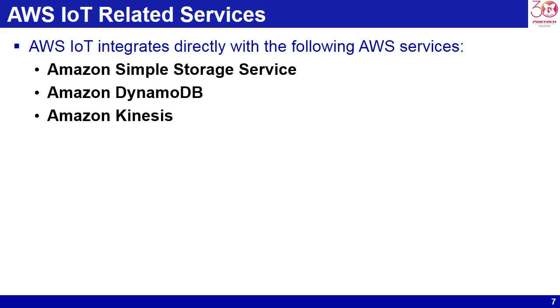Amazon Kinesis enables real-time processing of streaming data at a massive scale. AWS Lambda runs your code on virtual servers from Amazon EC2 in response to events.